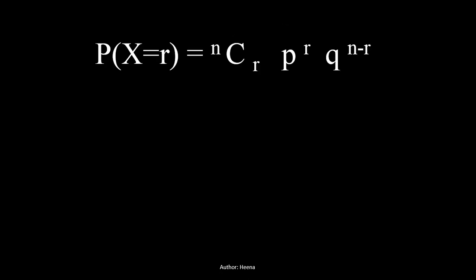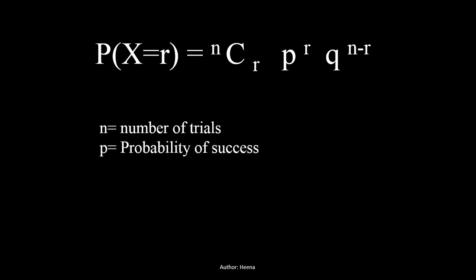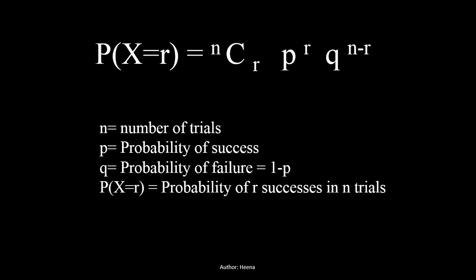The formula of binomial distribution is P(X = r) = nCr p^r q^(n-r), where p is small p and q is small q, n is the number of trials, small p is the probability of success, small q is the probability of failure, that is 1 minus p, and r is what we have to find out.